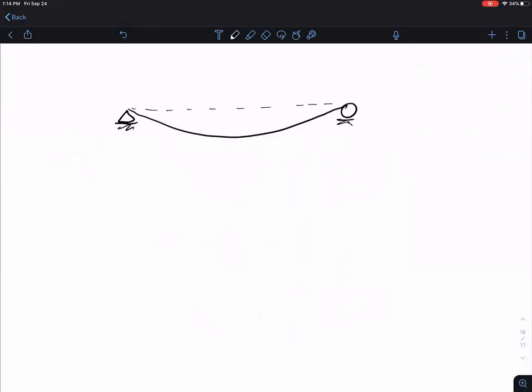What that angle theta BA represents is the angle of the tangent at B measured with respect to the tangent at A. So if we again label point A and point B, we can draw a tangent at A. We'll call that tangent at A. And then we will also draw a tangent at B, right? That theta BA represents this angle between the two tangents.